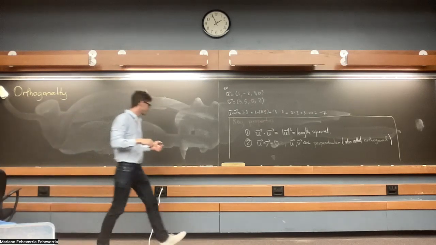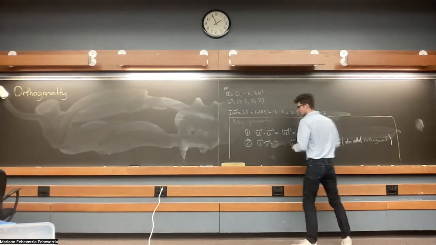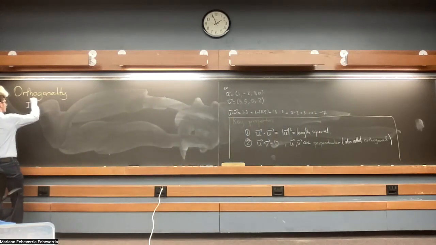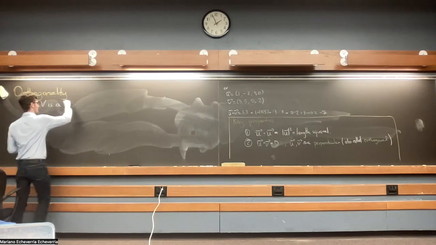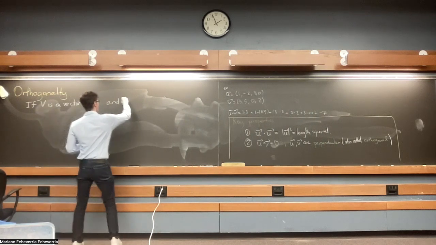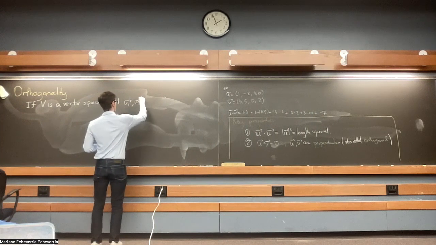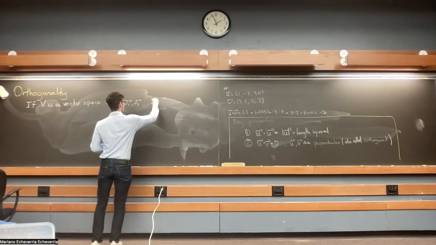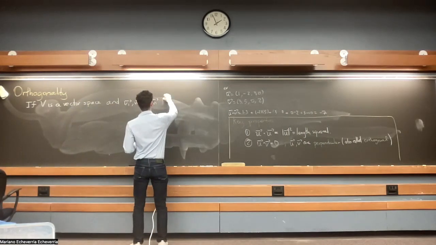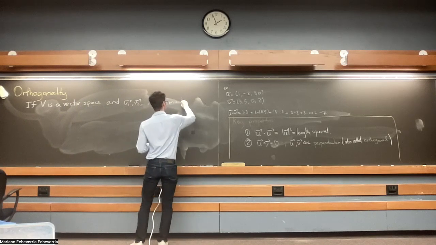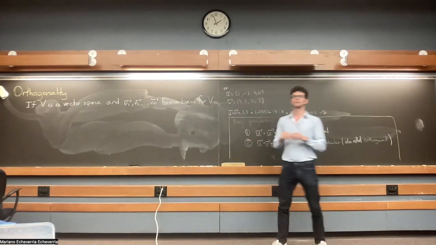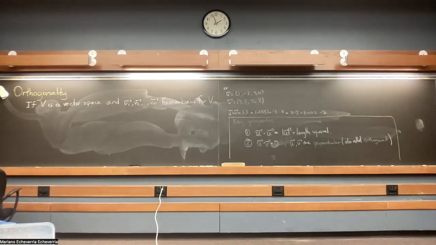So if V is a vector space, and v1, v2, up to vn form a basis for V. Let's say you found somehow a basis.